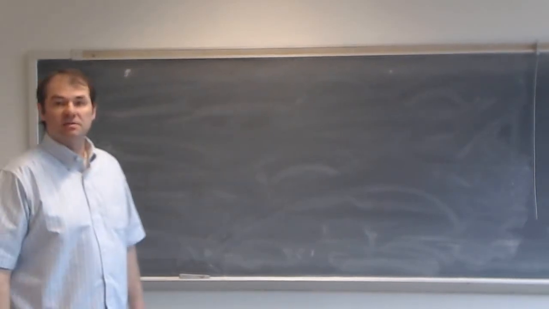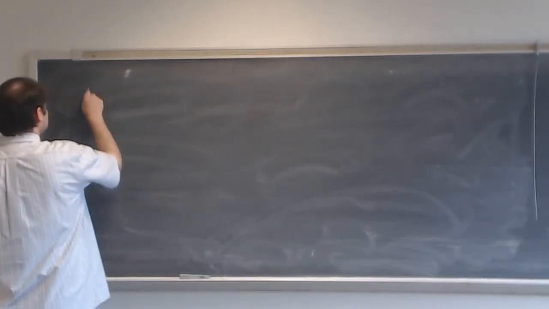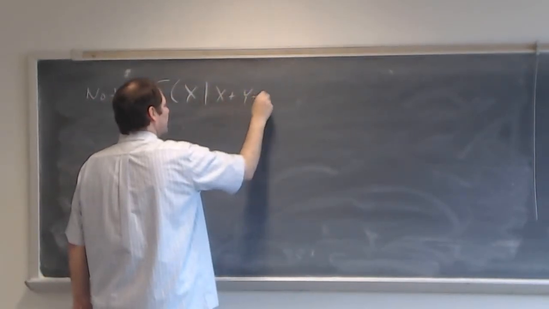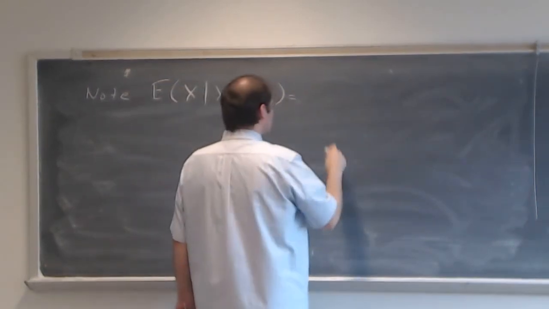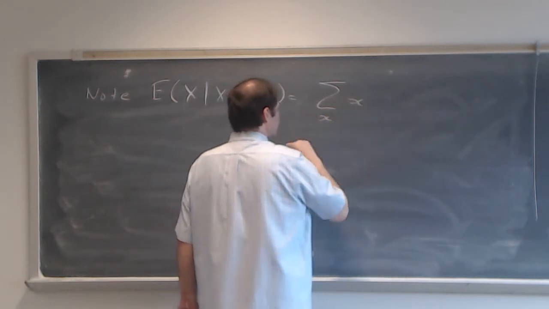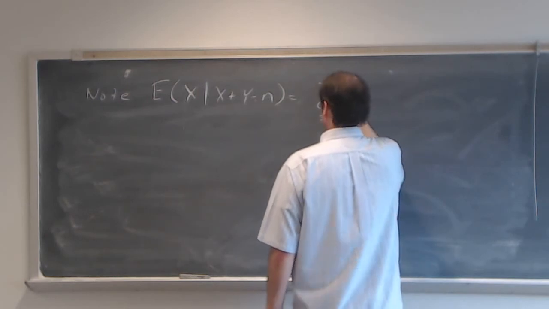So we're talking about discrete random variables, Poisson random variables. And so we start off by realizing that the expected value of X given X plus Y equals n would be equal to the sum over all x values. So here the x value for Poisson is from 0 to infinity.